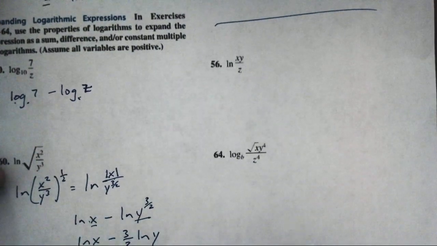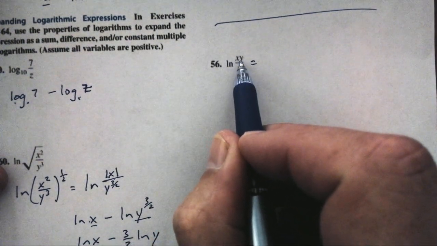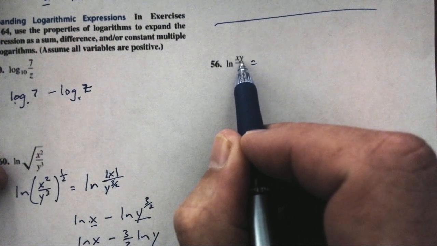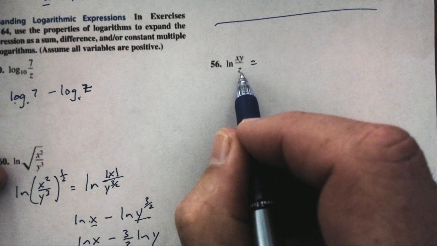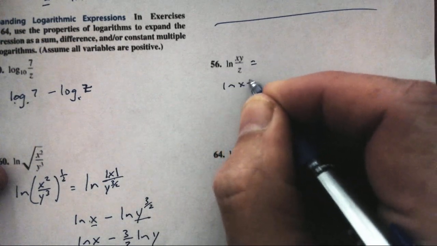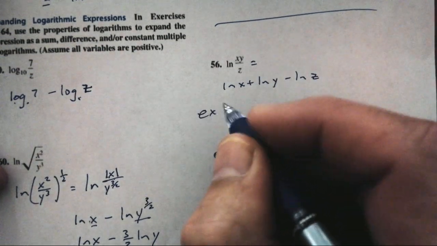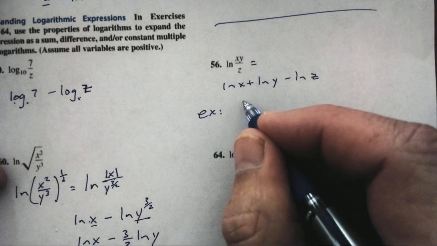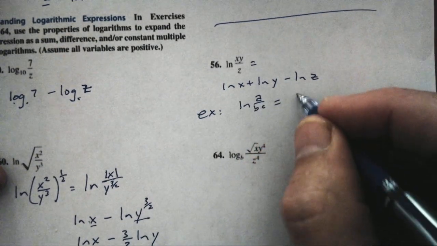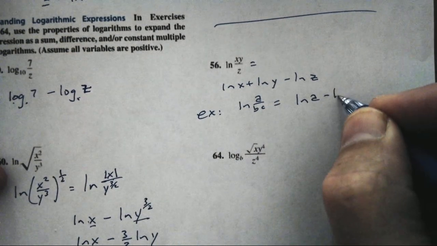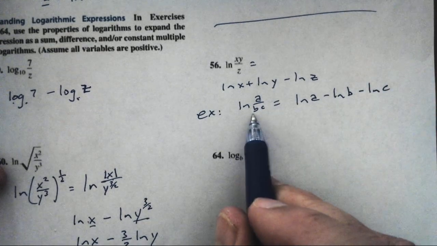And then these, a lot of times I'll just do these things in one step. If you have a factor in the top, the factors in the top become plus terms when we expand. The factors in the denominator become minus terms. So this just becomes ln x plus ln y minus ln z. As an example, it's worth noting, if I had ln of a over bc, that would become ln a minus ln b and minus ln c, the factors in the bottom.